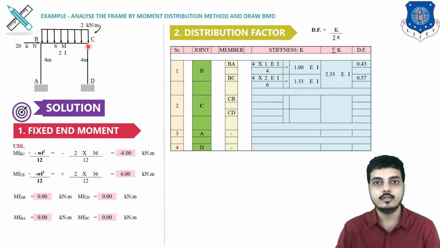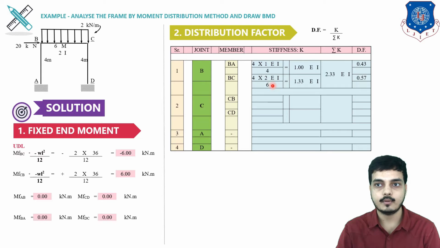Now for the B to C span, this is 6 meter. You can see that here it is a pin joint, but for calculation purposes we consider the internal joint as fixed. So we take the formula for fixed, which is 4EI upon L. Here 2 EI is given, so we take 4 into 2 EI divided by L, which is 6.